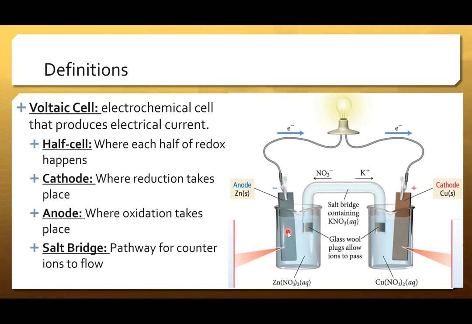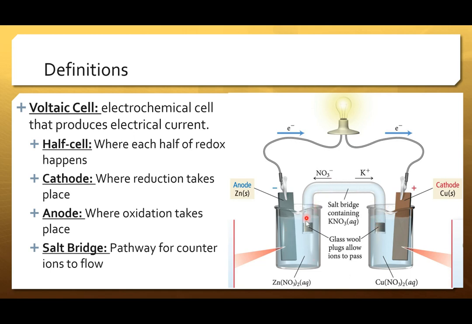If we do not have a salt bridge, the life of this voltaic cell will be very, very short. So once it starts to build up that really big potential between the two, electrons are going to stop flowing at some point or slow down.